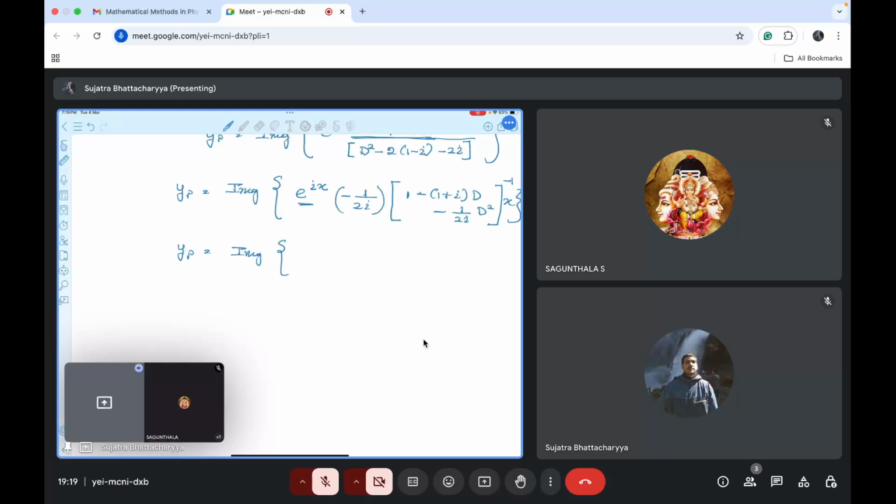What we can write about e to the power iota x is cos x plus iota sin x. What about this? Minus 1 upon 2 iota can be written as iota by 2 with a plus sign. And in between this, we can write 1.